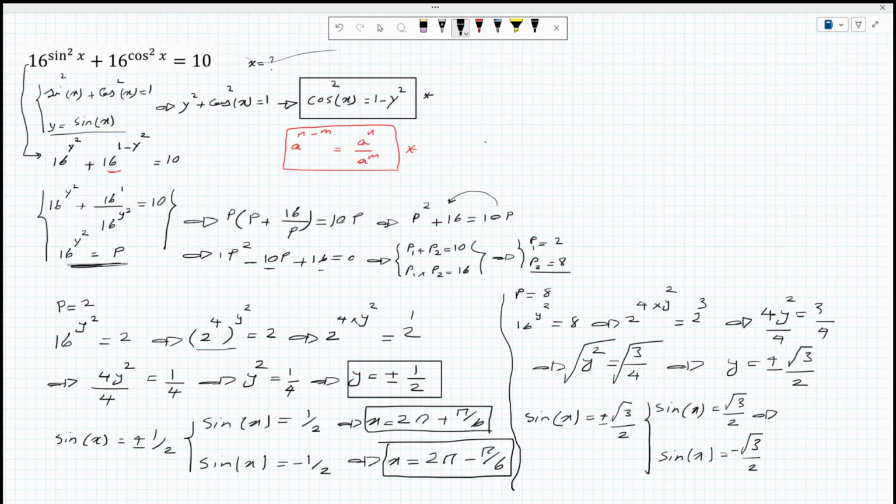From here, we're going to get x is equal to 2π plus π over 3. And from here, we're going to have x equal to 2π minus π over 3.